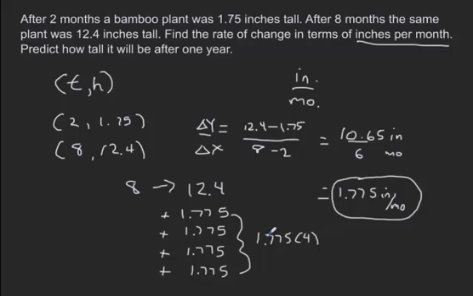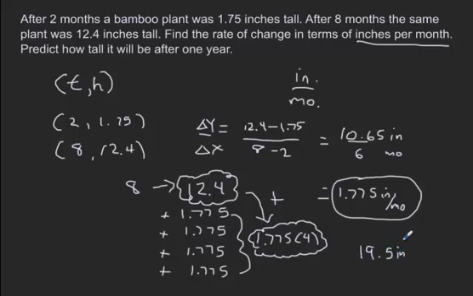So if I take this number right here and add it to the height that we had at 8 months, then we would get a height after 12 months, or 1 year. So add these two together, and we would get 19.5 inches. So that's our prediction for the height after 1 year.